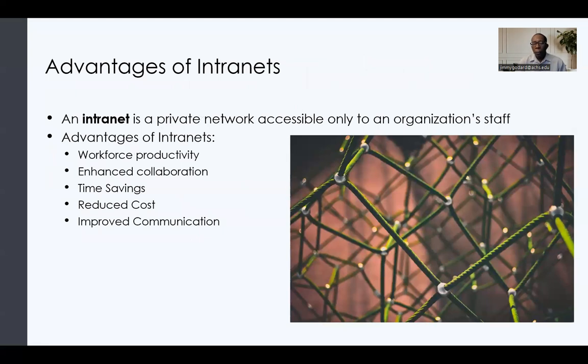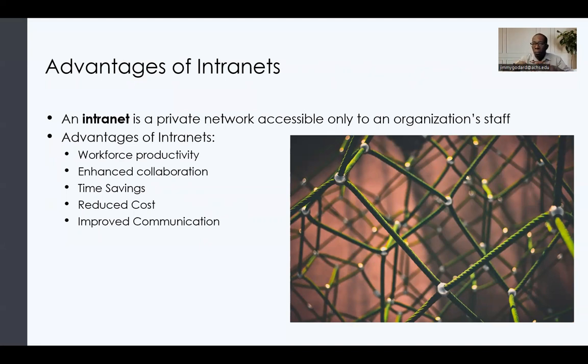Now, let's talk about something we call an intranet. An intranet is a private network accessible only to an organization's staff. For instance, let's take a look at your house. You have a living room, a kitchen, a bedroom, and a dining room. Let's say you have a computer in each of those rooms.